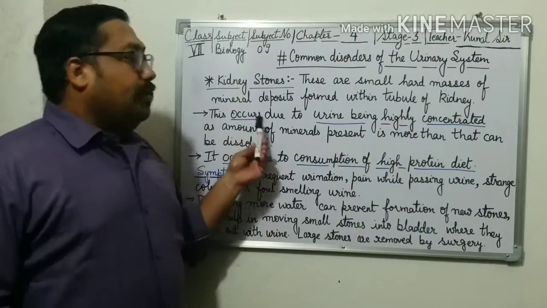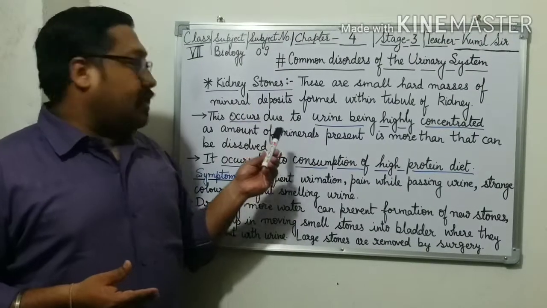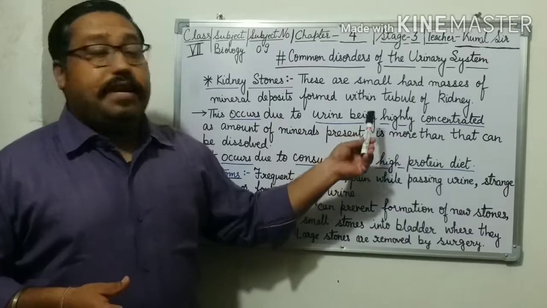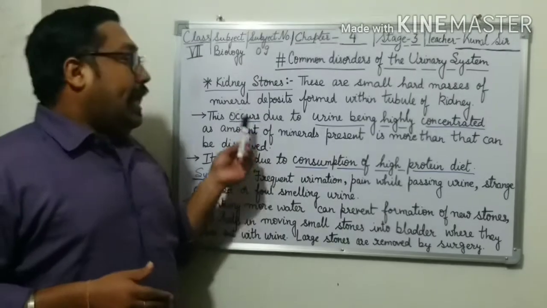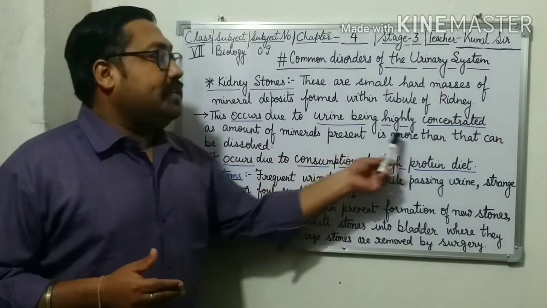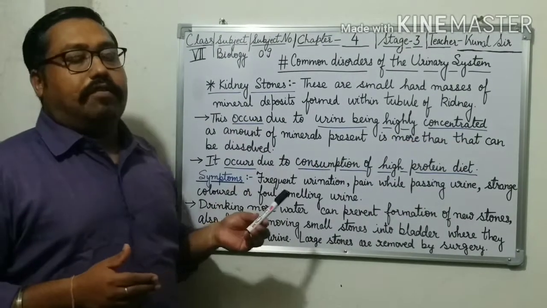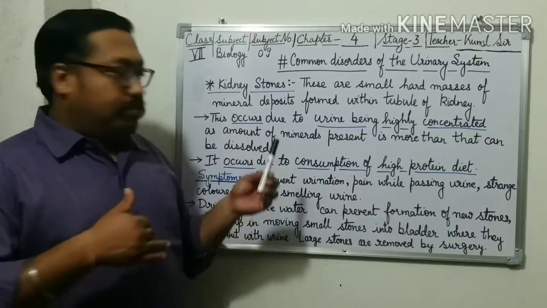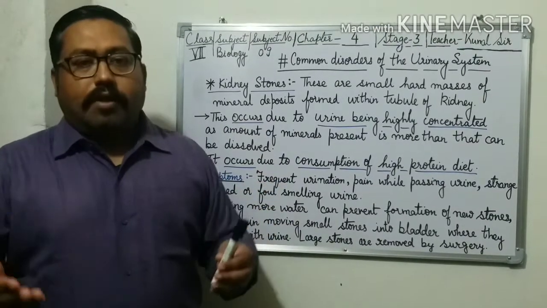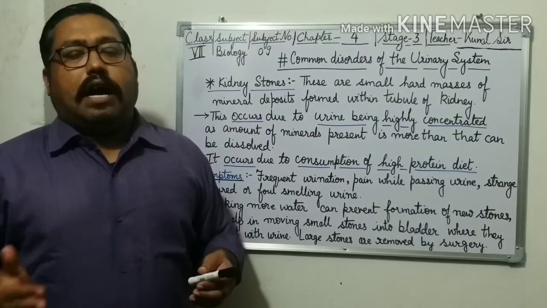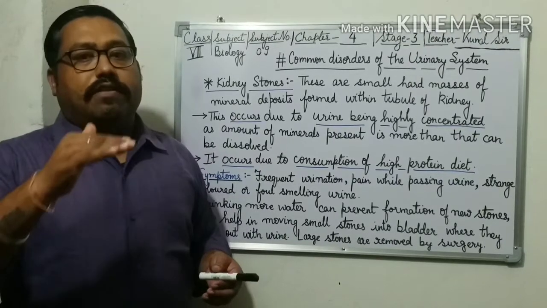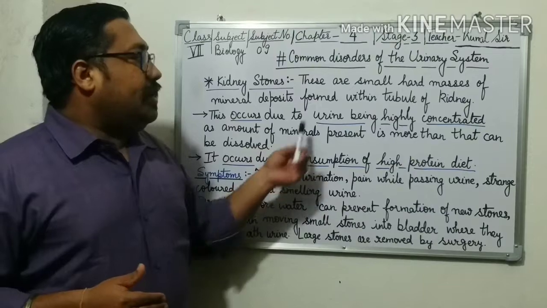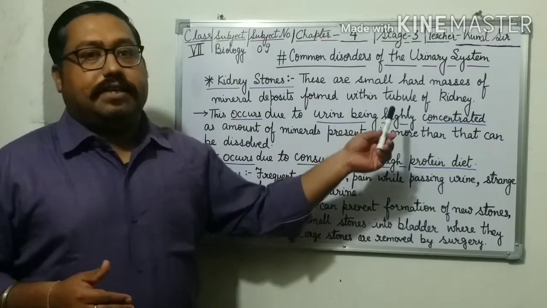Why do these kidney stones occur? These kidney stones occur due to the urine being highly concentrated, as the amount of mineral present is more than can be dissolved. It means that when the minerals present in urine are more than the dissolve limit, then urine becomes highly concentrated.